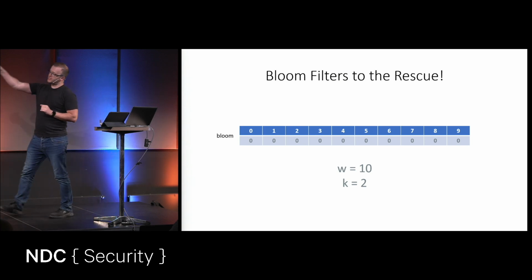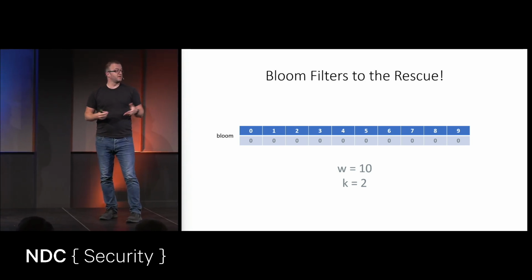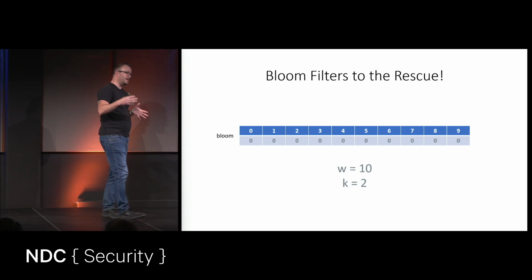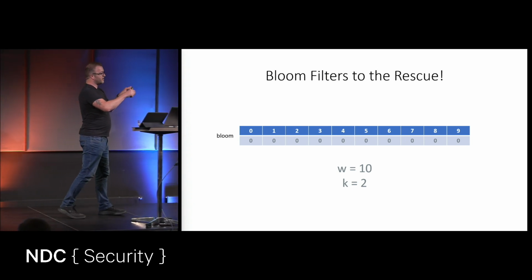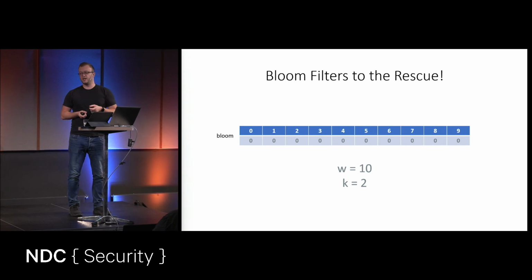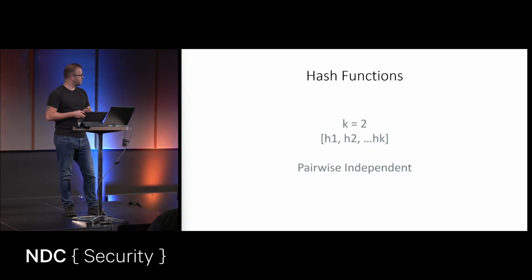To insert an item into the filter, to say we've got this piece of data and we want to mark it as having been present, we have to set 2 bits in the array, using 2 hash functions. So k equals 2 means when we insert this element, we set the bits at 2 locations using 2 different hash functions. Again, in production, we're using like 8 on our main filter. These numbers are much smaller for simplicity.